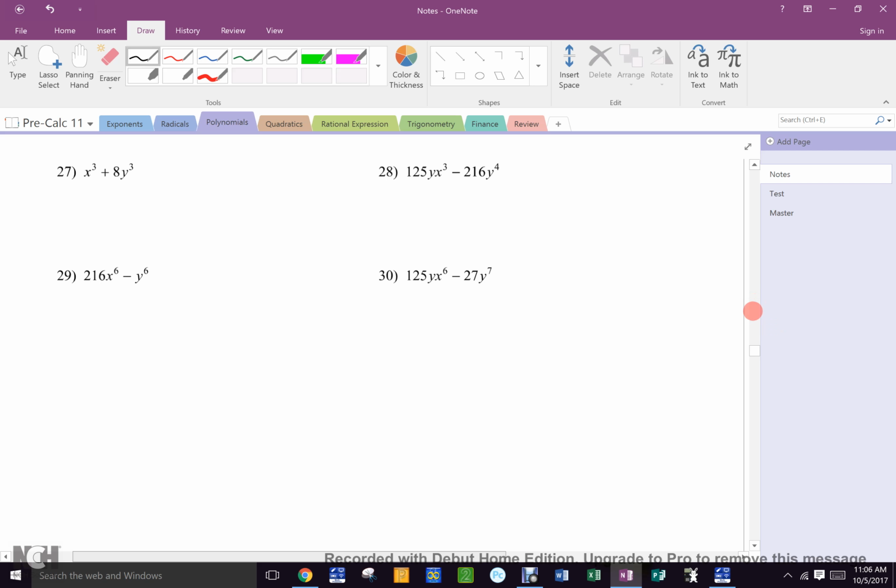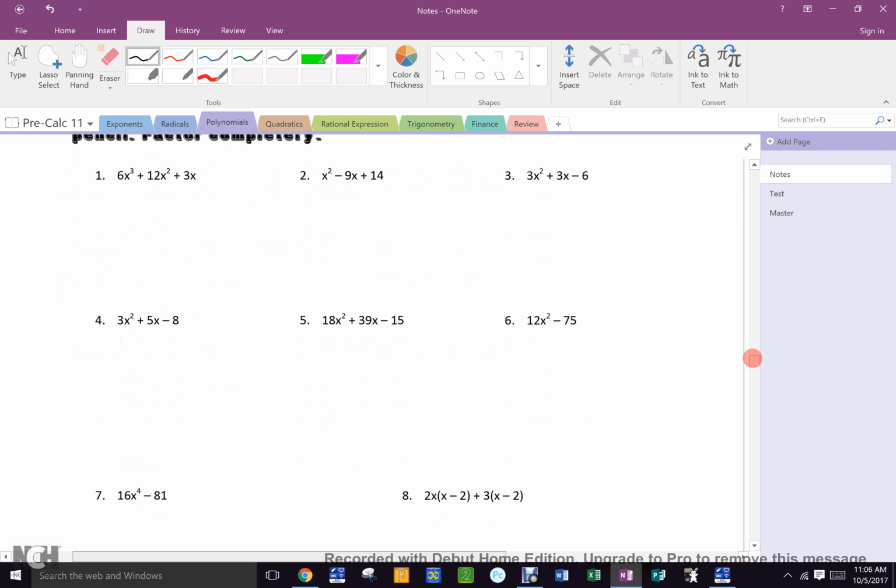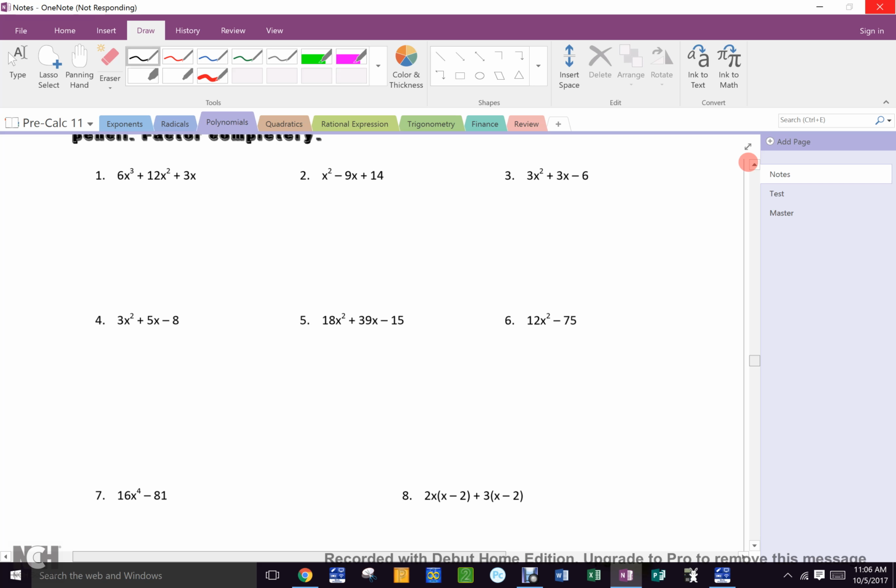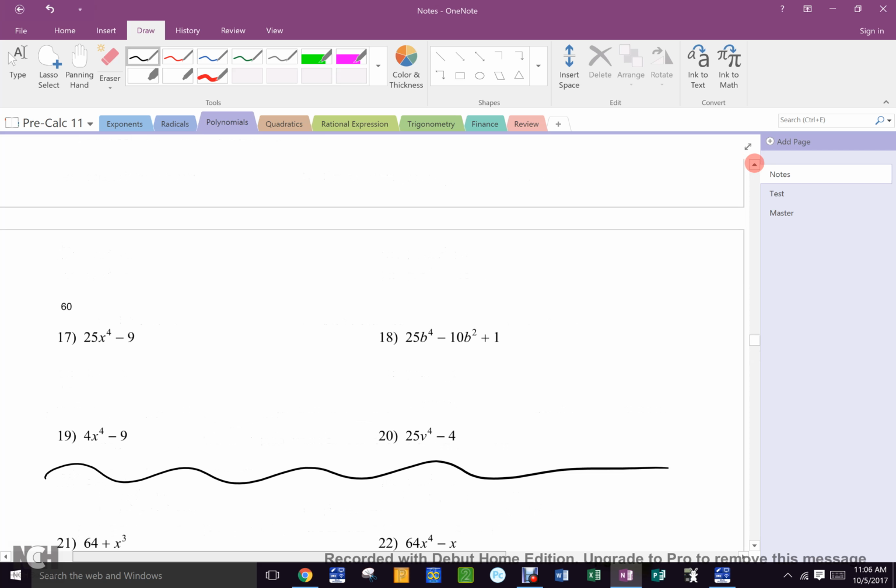And you will notice that page 61 is an assignment. This is your review for your factoring test. Everybody cool? Since it's an assignment, it's going to be marked. It's going to go on check my mark. Yes? So if you haven't been doing your due diligence and marking your own work and asking me for help if you need it, then come Friday, tomorrow, you're not going to be in very good shape, are you?